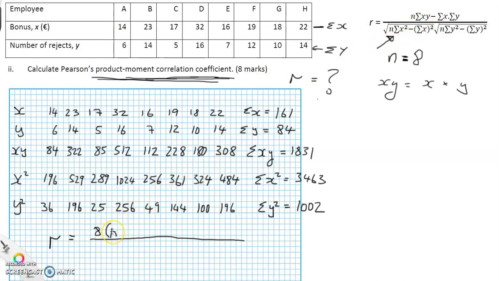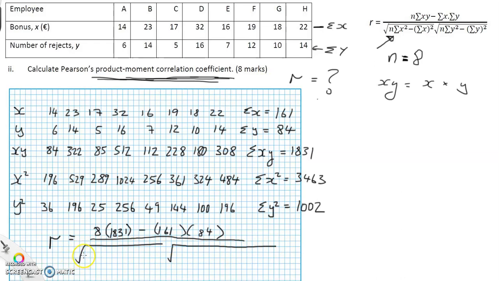So I'll open a bracket there and stick in 1831, minus something multiplied by something, and that's the sum of the x values, 161 times 84. And underneath then we're going to have the result of two square roots multiplied by each other. Right, they're written beside each other, which means they're going to be multiplied by each other.